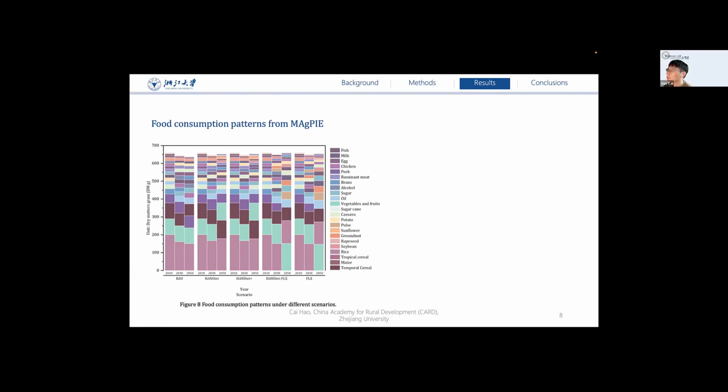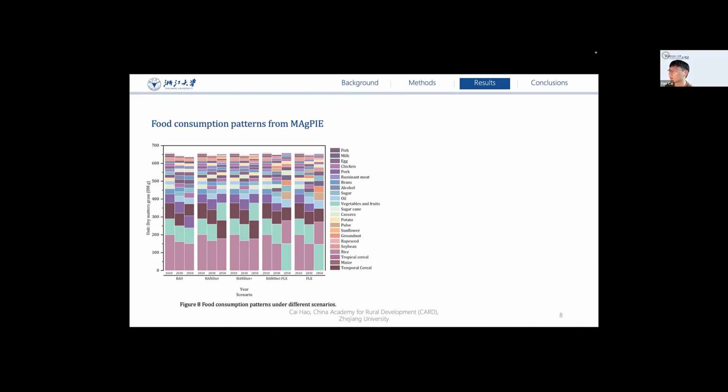Yeah, in our model, we mainly focus on emission-intensive food and expensive food. So we want to lower the food expenditure and get lower GHG emissions and land use.